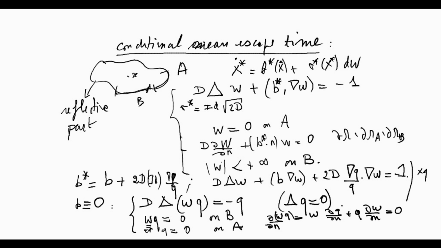Okay, now let me give you some applications for these conditional processes. The first application came from the following problem. This is the time to escape from a domain where we have an annulus here.